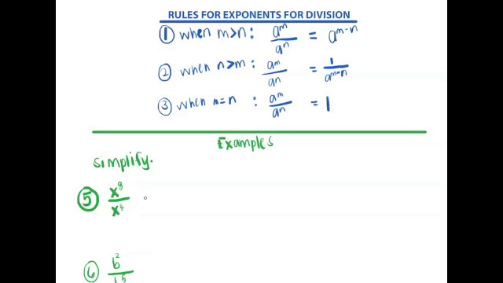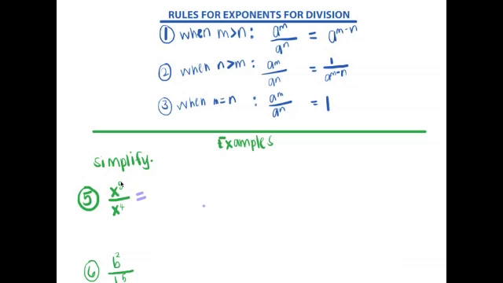Okay, so here are a few examples. Looking at number 5, we have x to the 8th over x to the 4th. They both have the same base, and they have different exponents, so we know it's definitely going to be rule 1 or 2. Now let's narrow it down. Is the bigger exponent the top one or the bottom one? It's the top, so it's rule 1.